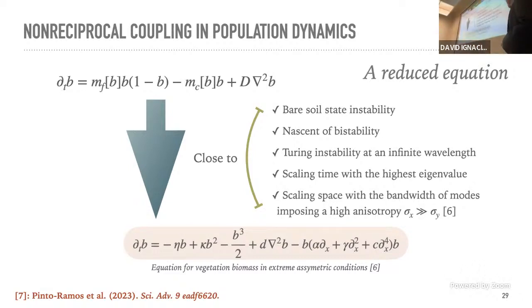What is important here is the last term that has partial derivatives only in the x direction, and they are a consequence of this high asymmetry that is happening in the system. All these parameters are functions of the kernels, of course.